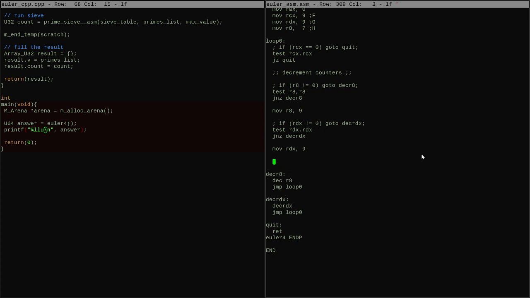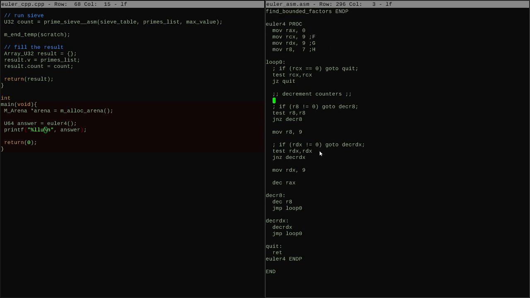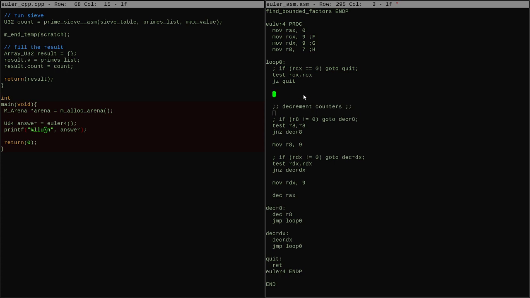And then here, if we got this far, we just dec RAX, and if RAX gets to 0, that will cause the break condition. So all of this is how we decrement counters and run the loop, right?